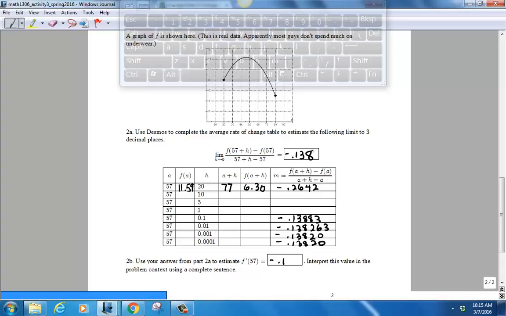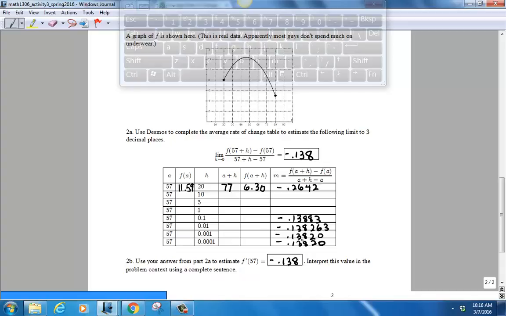To 3 decimal places, it's got to be minus 0.138, because the 4th decimal place we can see is going to be 2, so when you round to 3 decimal places you get minus 0.138. So the correct instantaneous rate of change to 3 decimal places, everyone should have agreed, was minus 0.138. We got it very accurate, all the way to 3 decimal places.